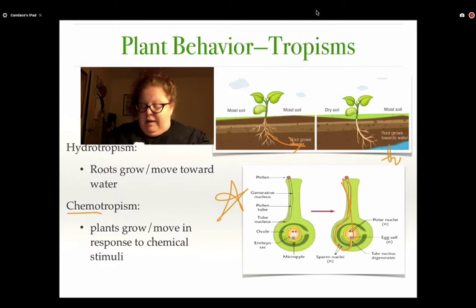And that is because there is a chemical signal coming from the eggs, from the ovary. And so this pollen tube is growing in response to that chemical signal. There are lots of other examples of this in plants, but that's the one that we've talked about already. So that's what's called chemotropism.